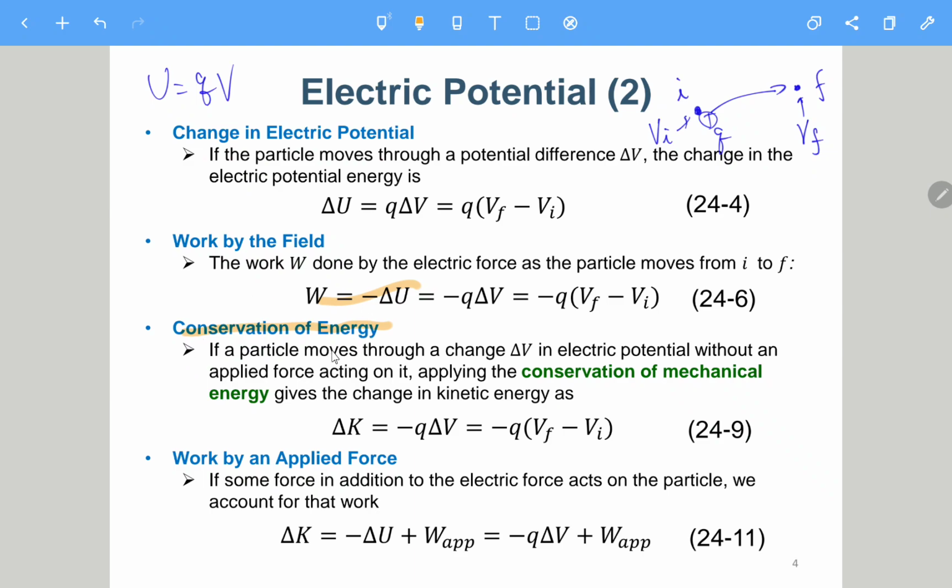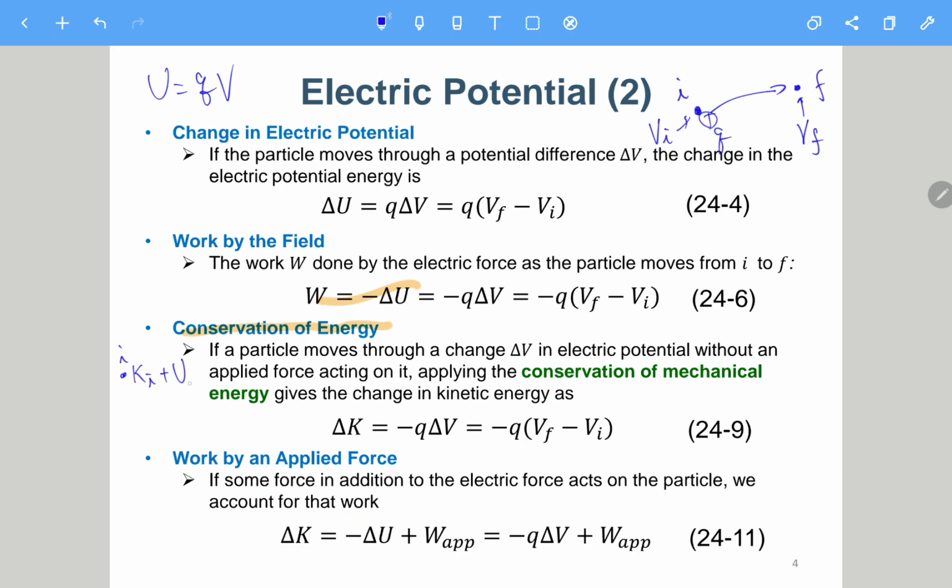So in that case, we will consider conservation of energy, which means, for example, if a system has an initial condition, it should have something like the initial kinetic energy. K means the kinetic energy, and U means the potential energy.